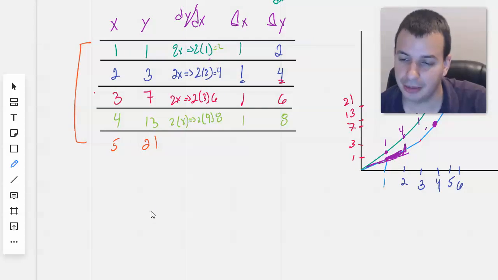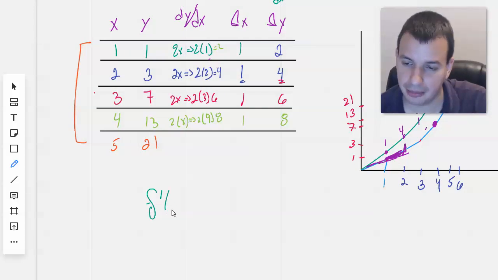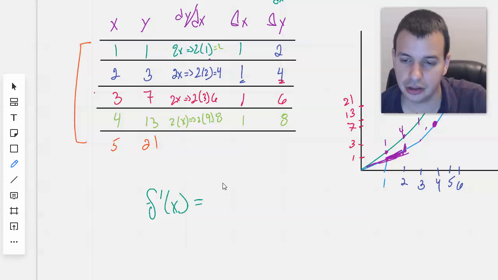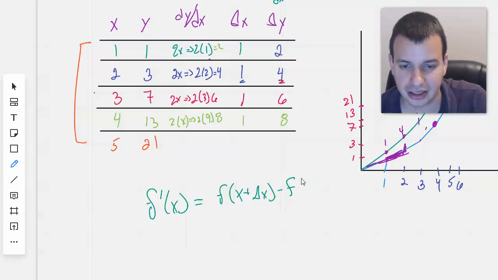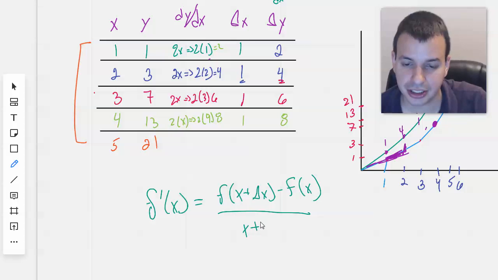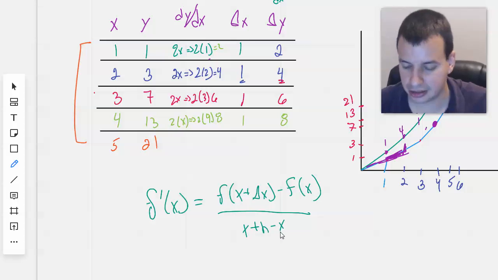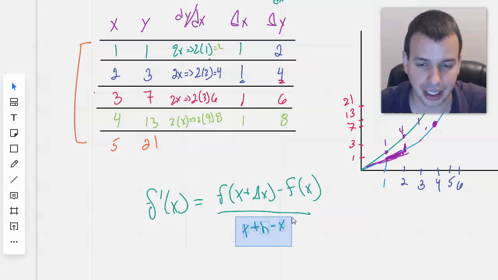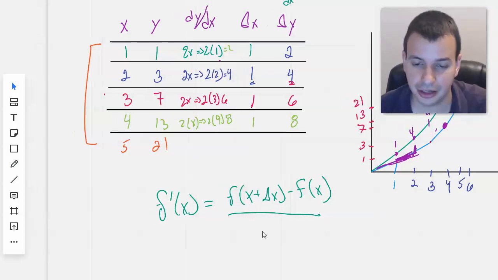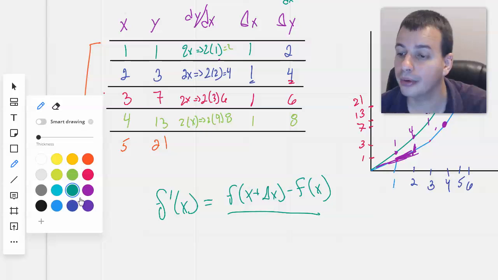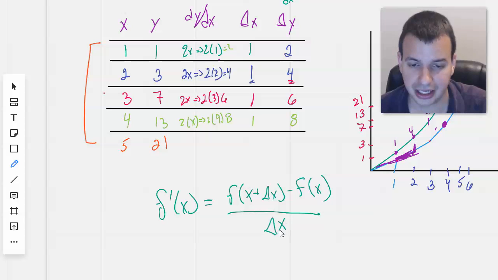If I write something up like f prime of x equals f of x plus delta x minus f of x, all over, we'll do x plus h minus x, but I shouldn't have written h, I meant delta x. When you simplify that, it comes out to delta x.